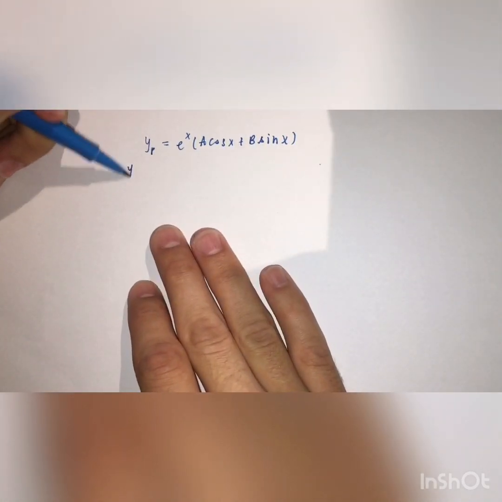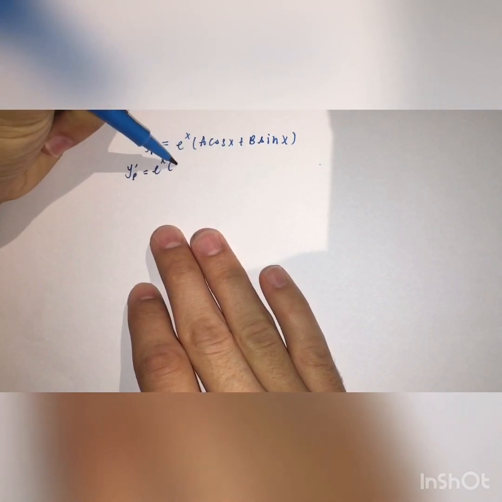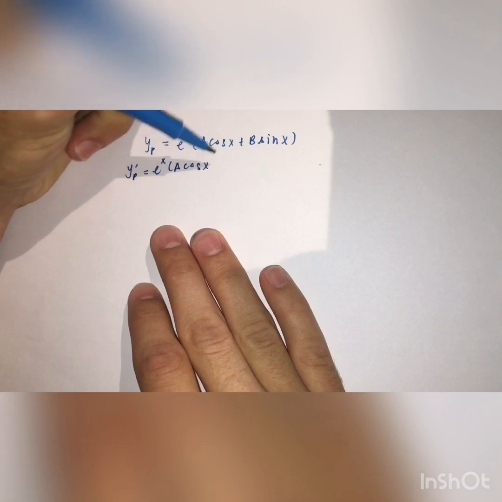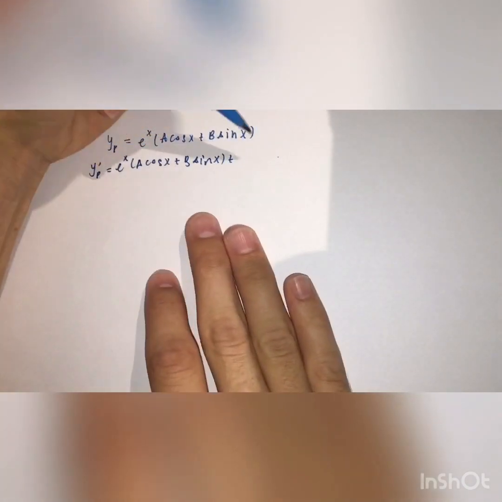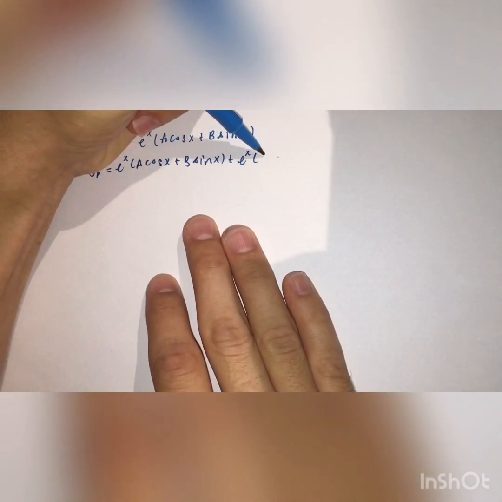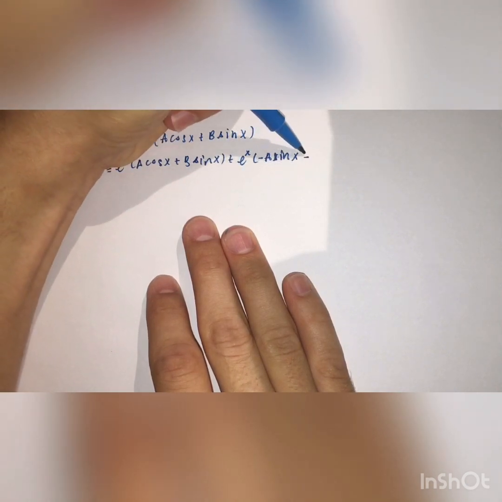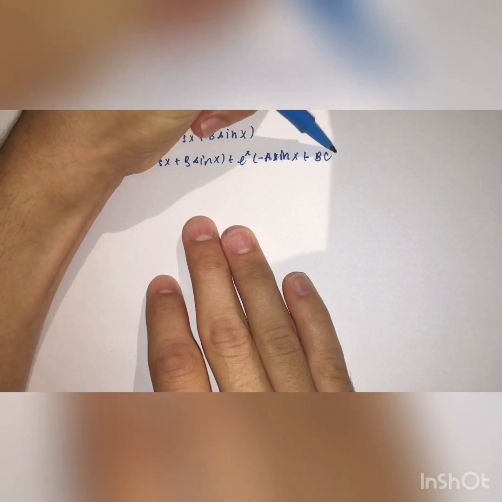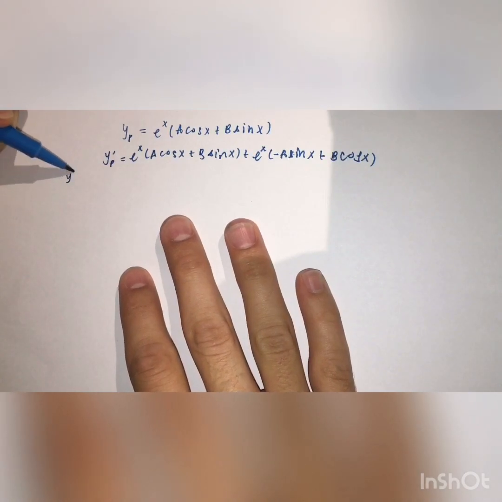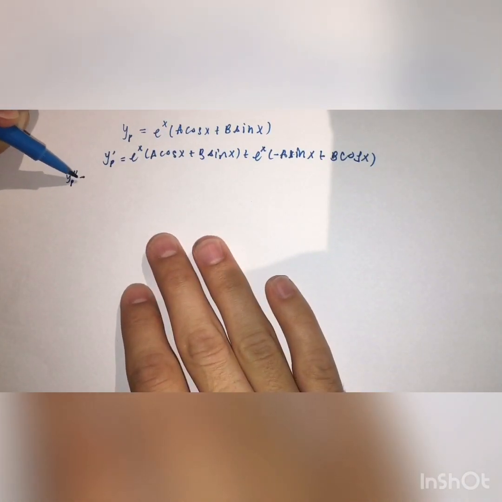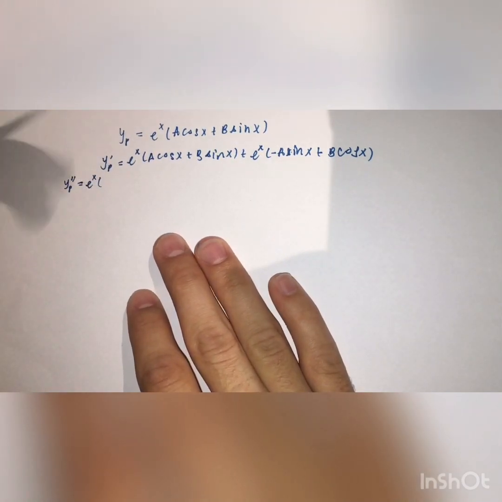Now we need to find the first derivative, which is going to be e to the x derivative, which is just e to the x, plus e to the x, the same, then derivative of this function, which is negative a sine x plus b cosine of x. Now the second derivative is going to be almost the same thing, derivative of e to the x.